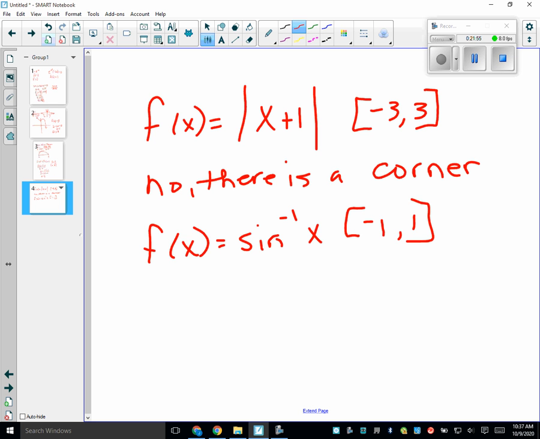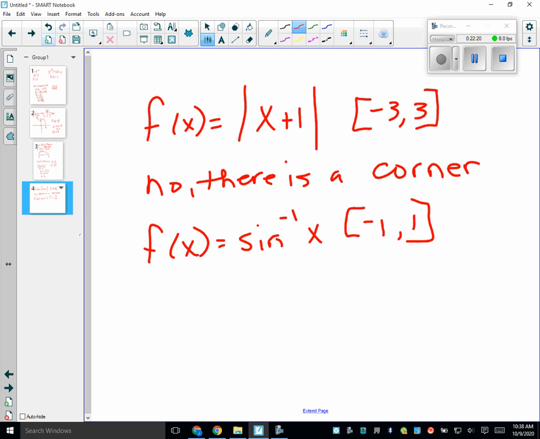Does it apply? It looks like it does. Let's say, I'm going to tell you it does. Because on the sine graph, doesn't it exist from -1 to 1? That's all it's asking. And it doesn't have a corner in there, or a vertical tangent, or anything.